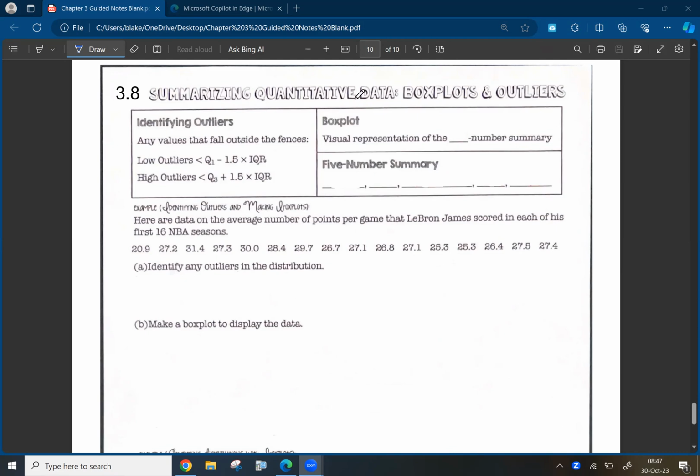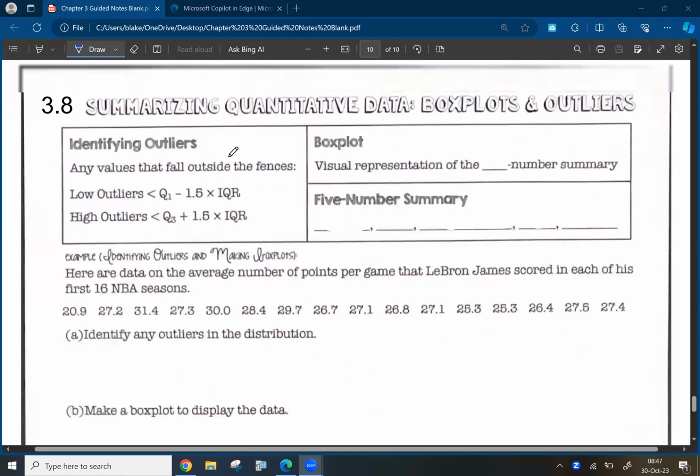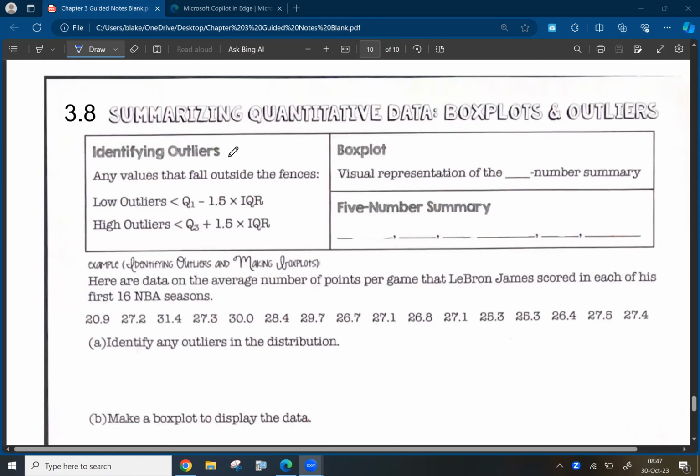Outliers. All right, so we have our rule of thumb. We've been talking about it a few times, but I did mention before that there would be ways that we could quantify outliers. How can we draw a line and definitively say, yes, this is an outlier and this is not, without just assuming? And here it is. Any values that fall outside of these fences, anything outside of these ranges.